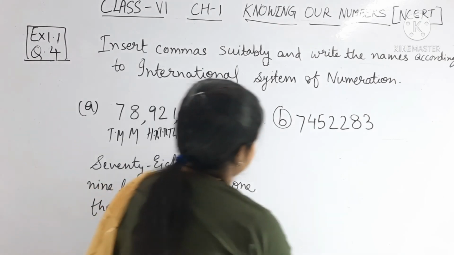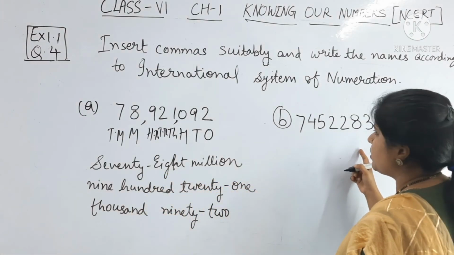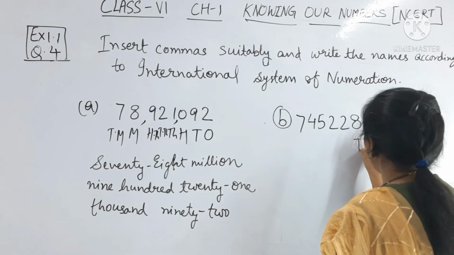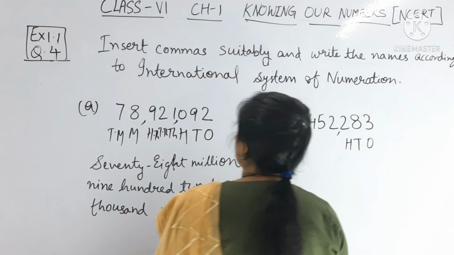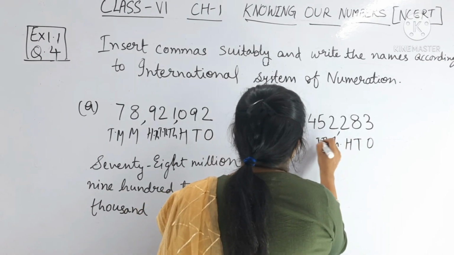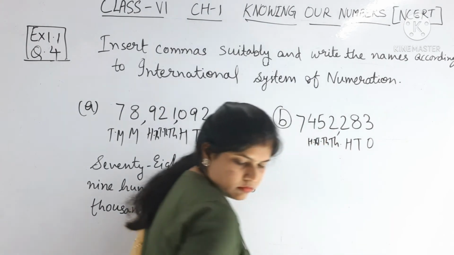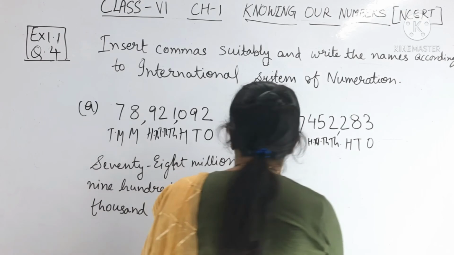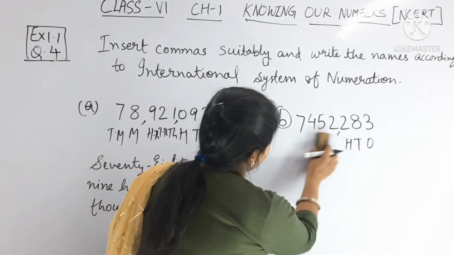Okay, now in the international system, in the B part, same like this only, ones, tens, hundreds, after that you have to put commas, then 1000, 10,000, 100,000.